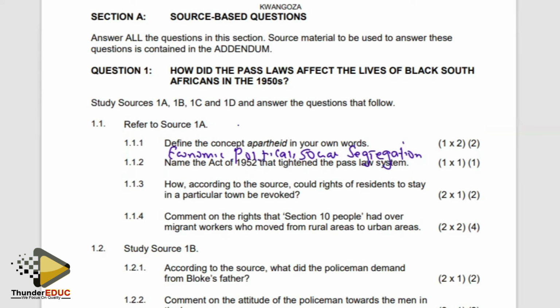Then we have question 1.1.2. Name the act of 1952 that tightened the pass law system. That was called the Abolition of Passes and Consolidation of Documents Act.